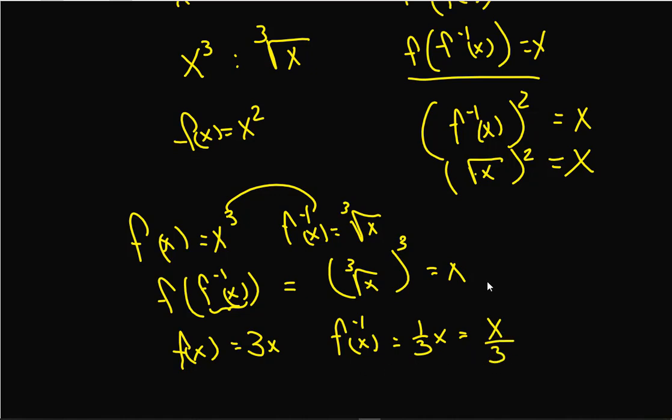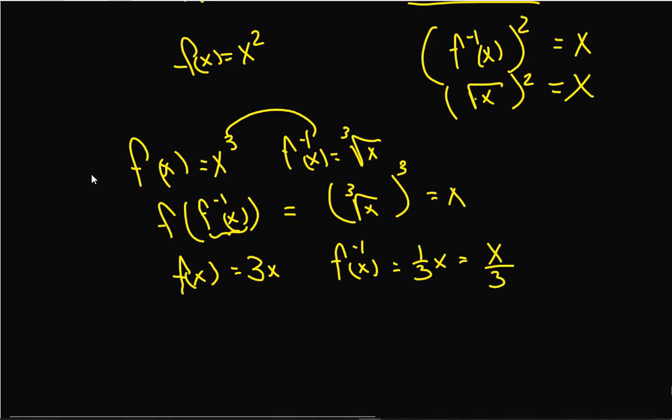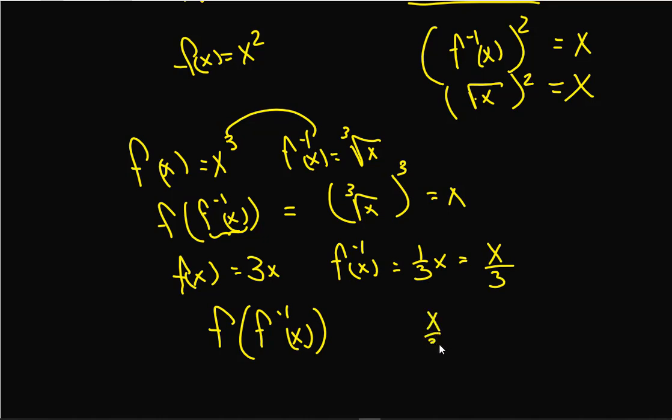So let's check that, f of f inverse of x. f inverse we're suggesting is x over 3, and then you're putting that into f, and when you put that into f, you multiply it by 3, so you get 3 times x over 3, which is x, so that works.